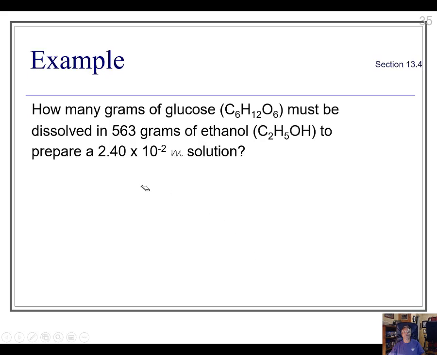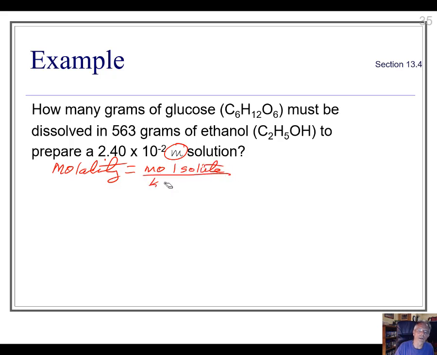All right. So how many grams of glucose must be dissolved in 563 grams of ethanol to prepare a 2.40 times 10 to the minus 2 molal solution? So the key to this is to get your terms straight. This is molality, and molality, if you remember, sounds like molarity, but it's molality, and that's going to be moles of solute per kilogram of solvent.